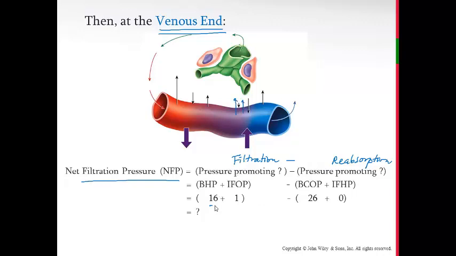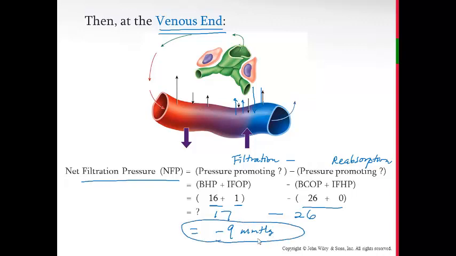So 16 plus 1, 17, minus those that favor reabsorption. Remember, we add these up, they are my 26. So 17 minus 26 equals, is it a positive or negative number? Right, it's minus 9 millimeters of mercury.